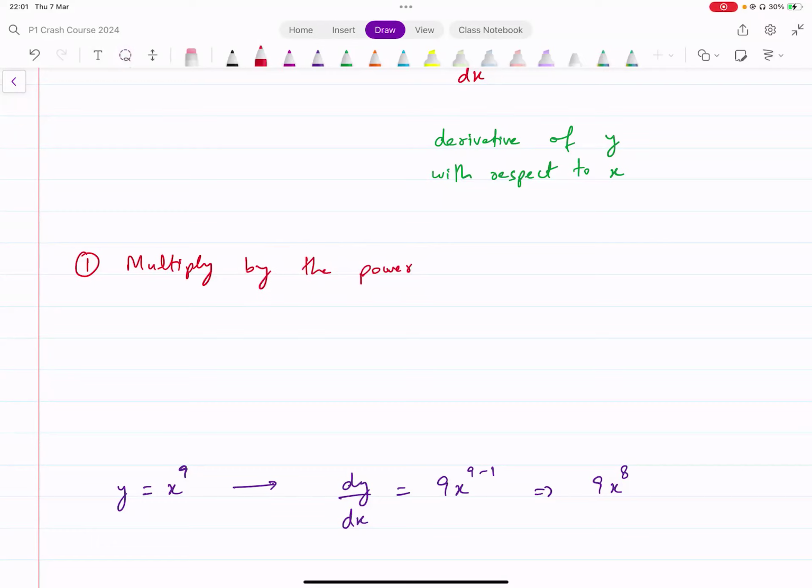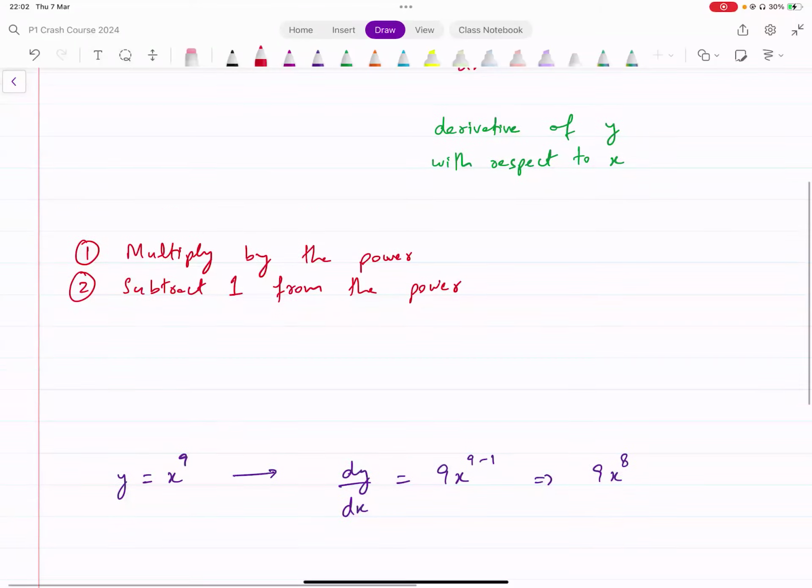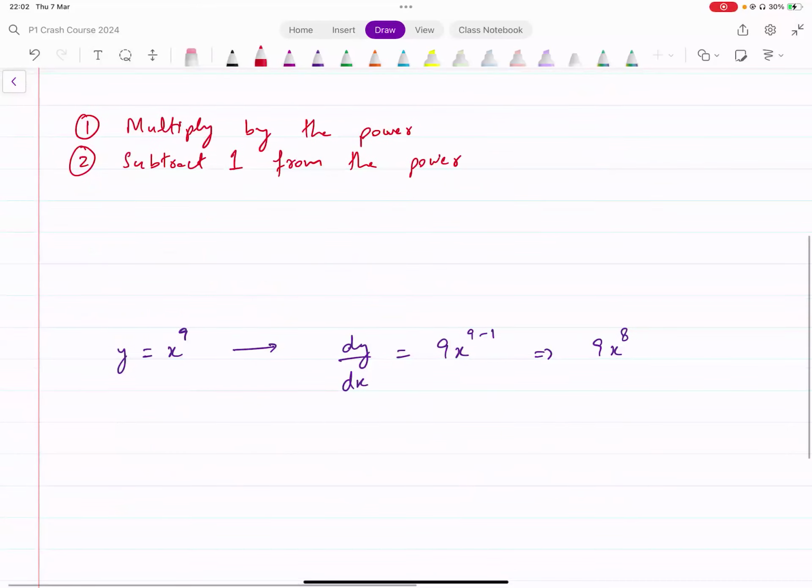You multiply by the power. Number two, you subtract 1 from the power. These are the two steps that you have to follow in order to apply this power rule. That's exactly what we're doing here. We multiply by the power, that's 9, and then subtract 1 from the power. That's 9x raised to the power 8. That gives you the derivative.